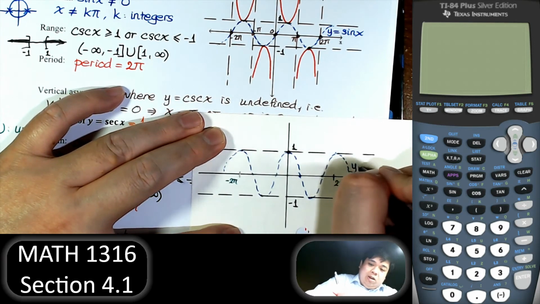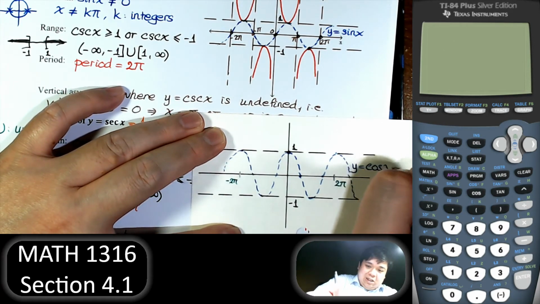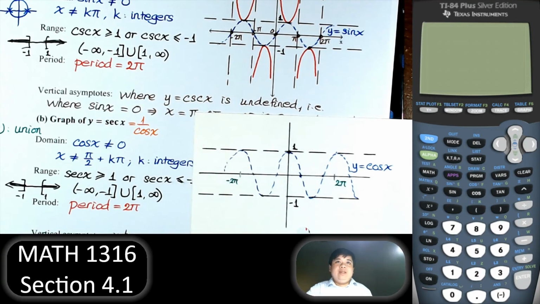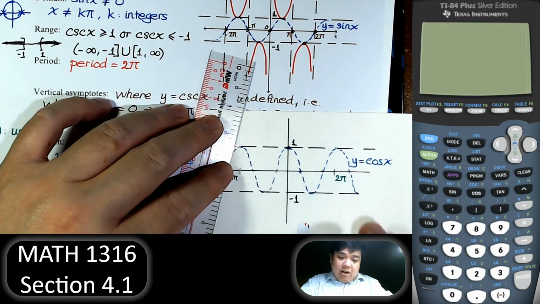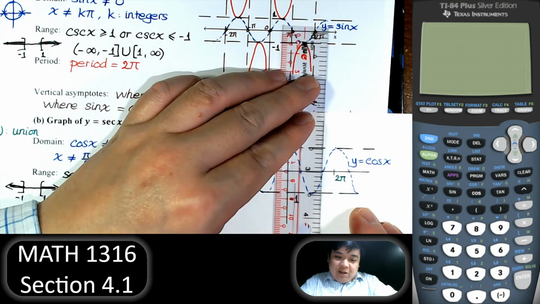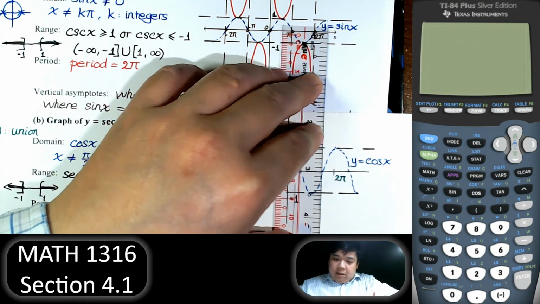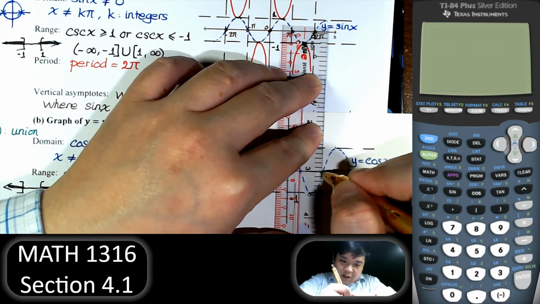Right, so this is the graph of y equal to cosine of x. And then whenever it is equal to 0, we have the asymptotes.